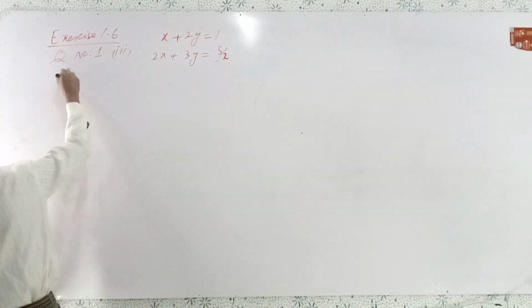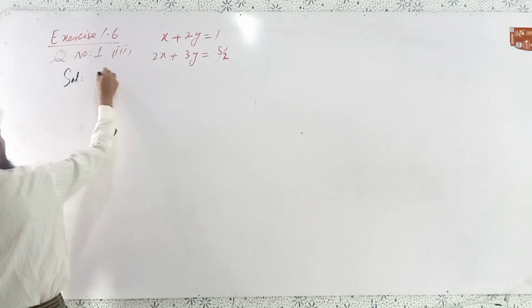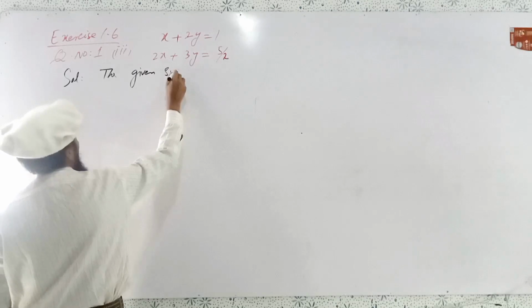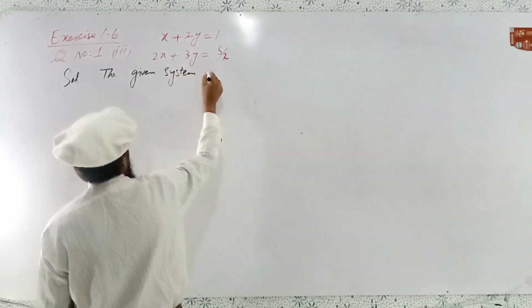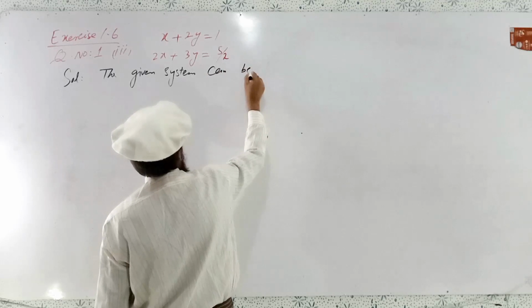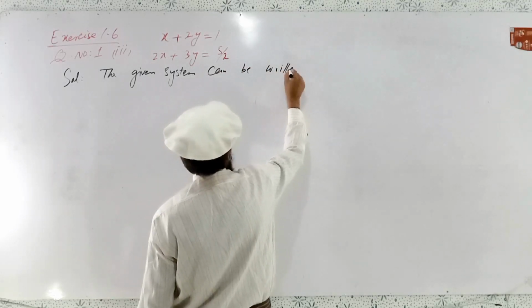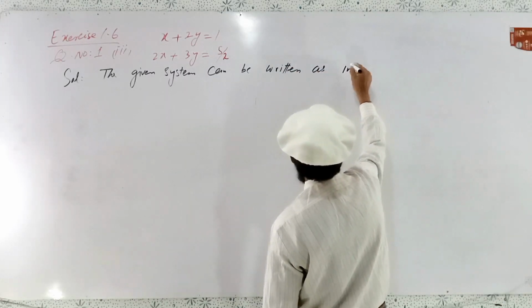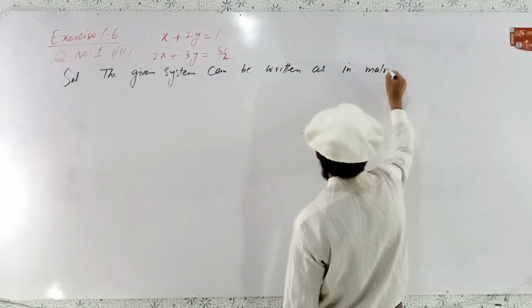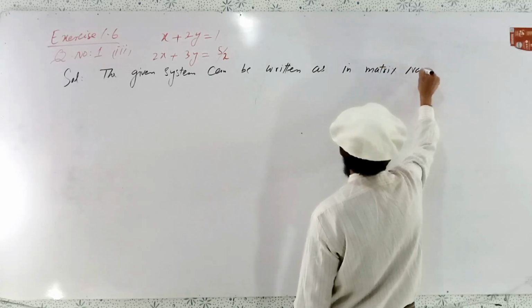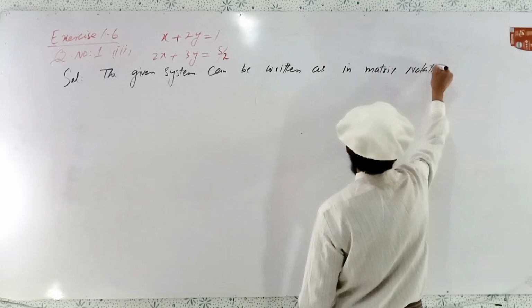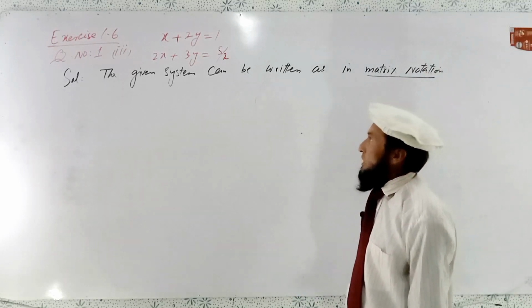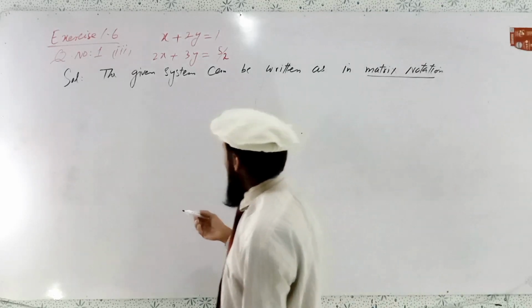So the given system can be written as follows in matrix notation. How can we write it?